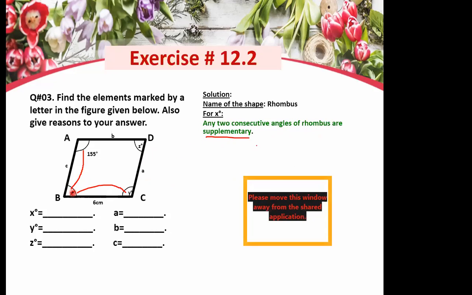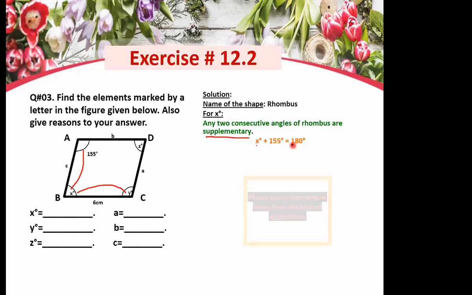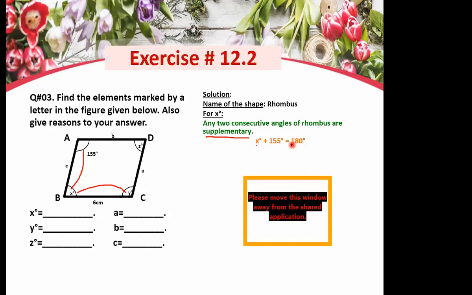Now the consecutive angle whose measurement is given is this one, which is 155. So you will add x and 155, and this will equal 180 degrees. You will write it down here: x degrees plus 155 degrees equals 180 degrees. Now simply, plus 155 you shift to this side, meaning it becomes minus 155.